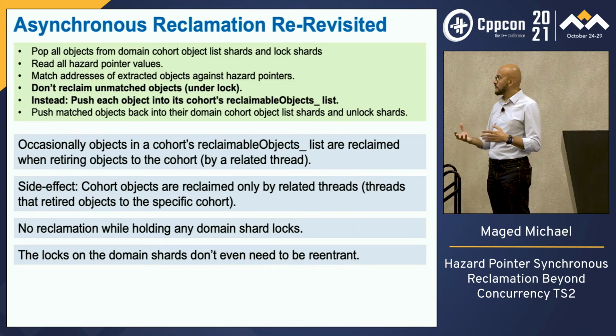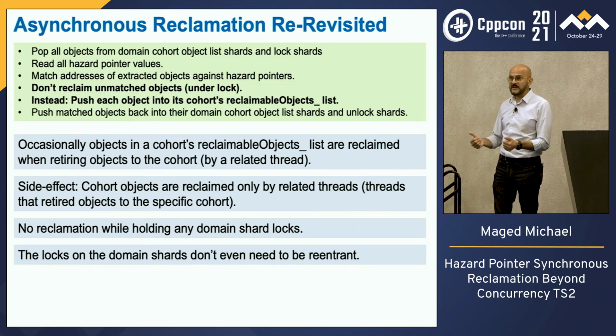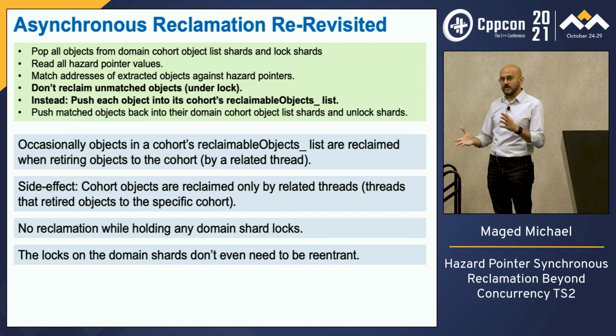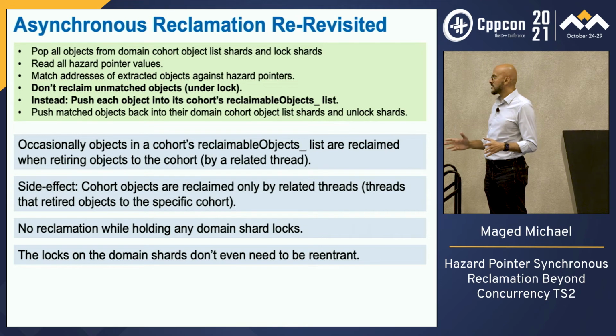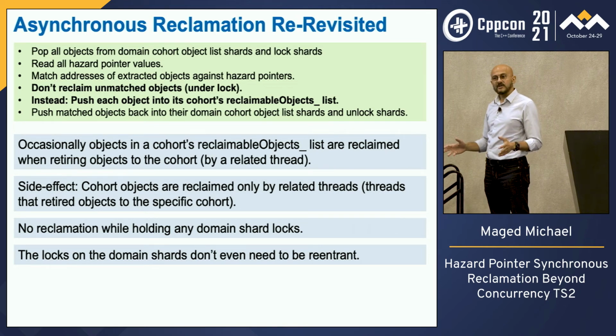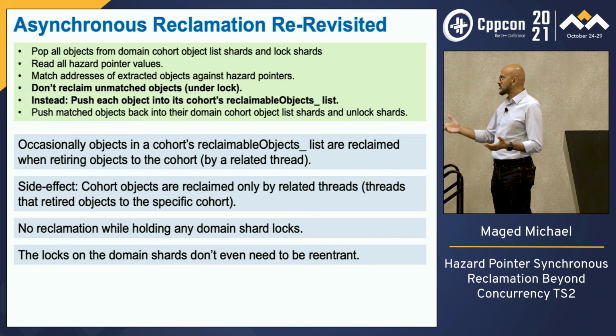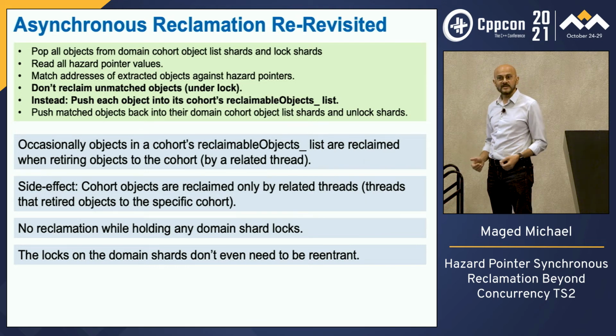That's good because there's always a downside to having threads that have nothing to do with an object do the reclamation for it. Another good side effect of this algorithm is there is no reclamation while holding any shard lock. And now the locks on the domain shards don't even need to be reentrant. So they're really simple locks.